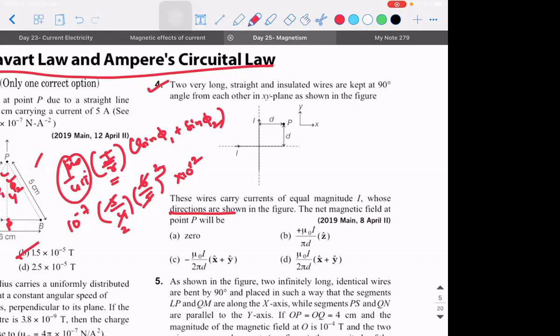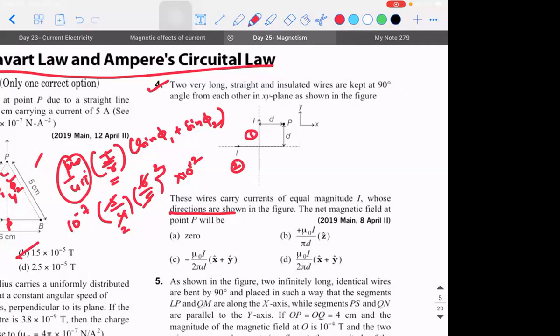Now apply the concept I told you. If I label this as the first wire and second wire, what is the direction of magnetic field at point P due to the first wire? If you are sitting and calculating, before doing that, answer my question.